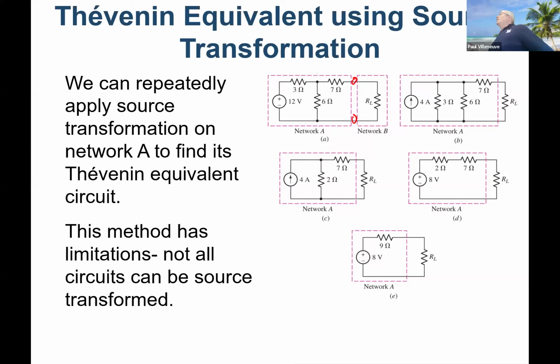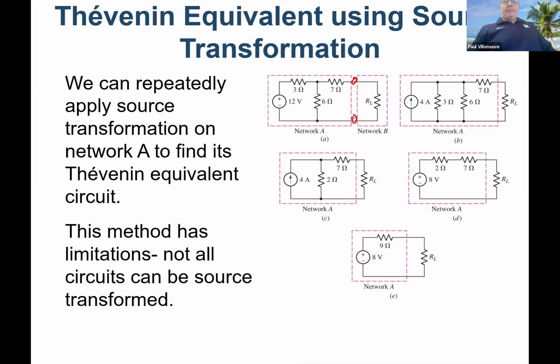Plus, the Thevenin equivalent says, from the perspective of the outside world looking in, find the Thevenin equivalent resistance and the open circuit voltage at those two terminals. So you can apply an open circuit for finding the Thevenin equivalent because that's the definition of what a Thevenin equivalent voltage source is.